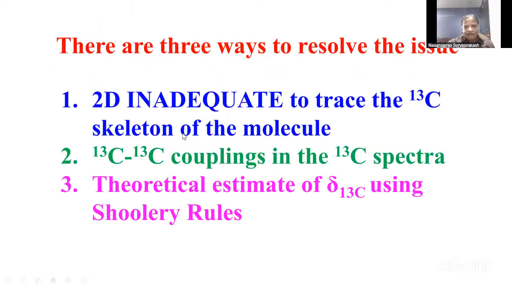That is one way. Another way, I can look for carbon-carbon couplings in the carbon spectrum. I can also theoretically calculate chemical shifts, by using what are called Schoolery rules. I am not going to tell you that. You will listen to my first course in which I explained in detail about Schoolery rules.